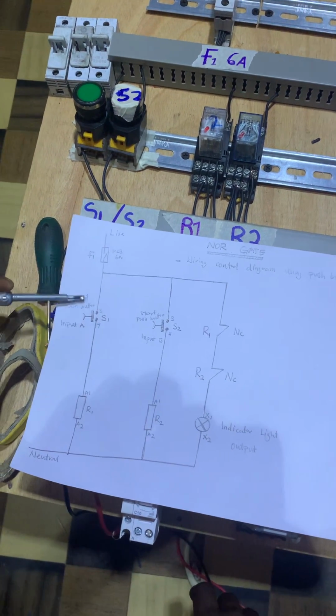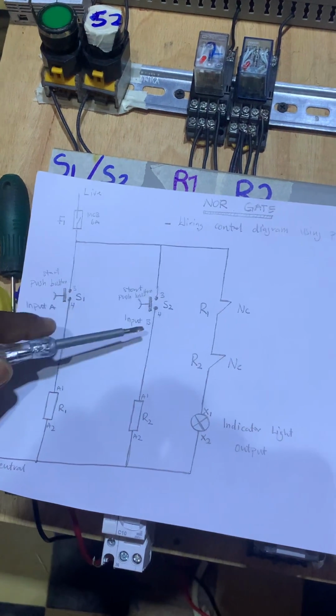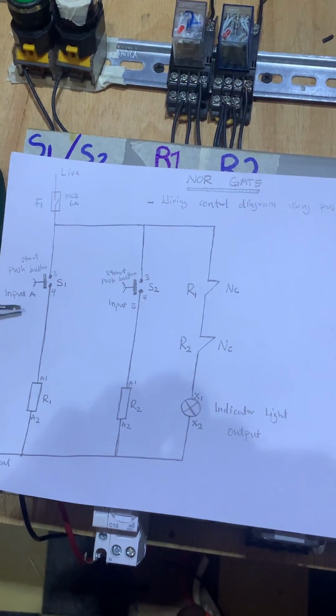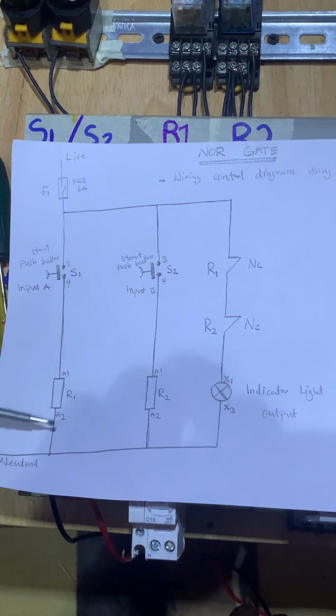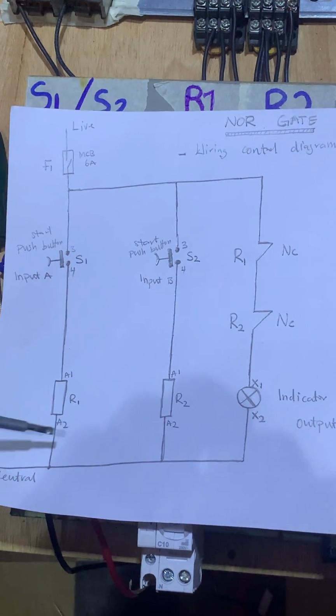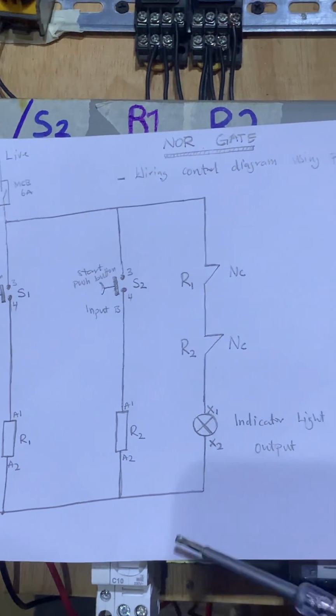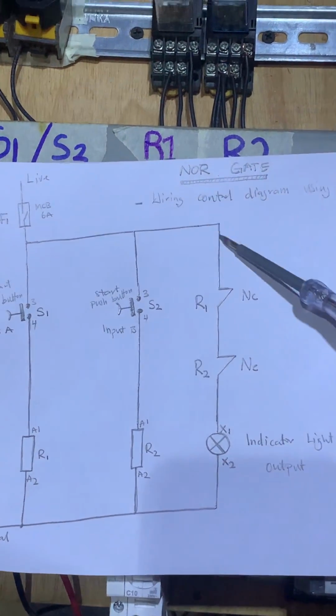We have start push button 1, which is input A, and start push button 2, which is input B. Then we have relay 1, relay 2, and the neutral going to all the X1, all the X2 and the A2s. Then we have the indicator here, and these are the contacts of the relays.